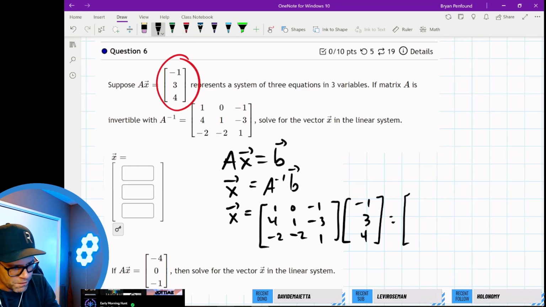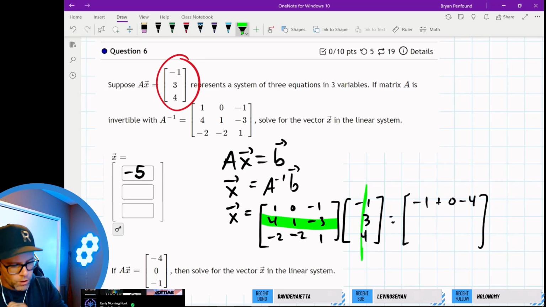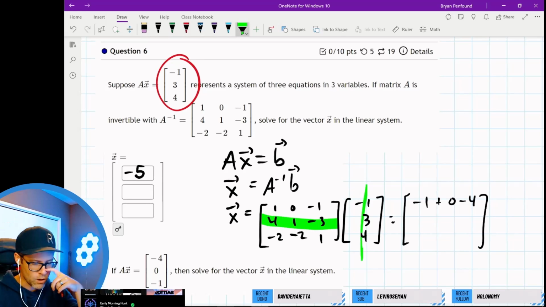So we get negative 1. So we're going to look at this first multiplication, which is here. And we should get negative 1 plus 0 minus 4. And I'm just going to put the final answers over here on the left. So that should be negative 5. Next, we want to do the second multiplication, which is row 2 by that column.